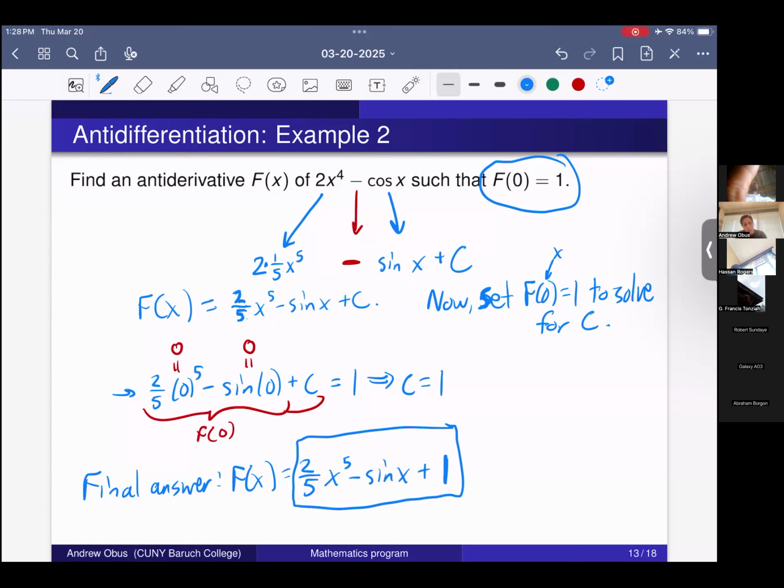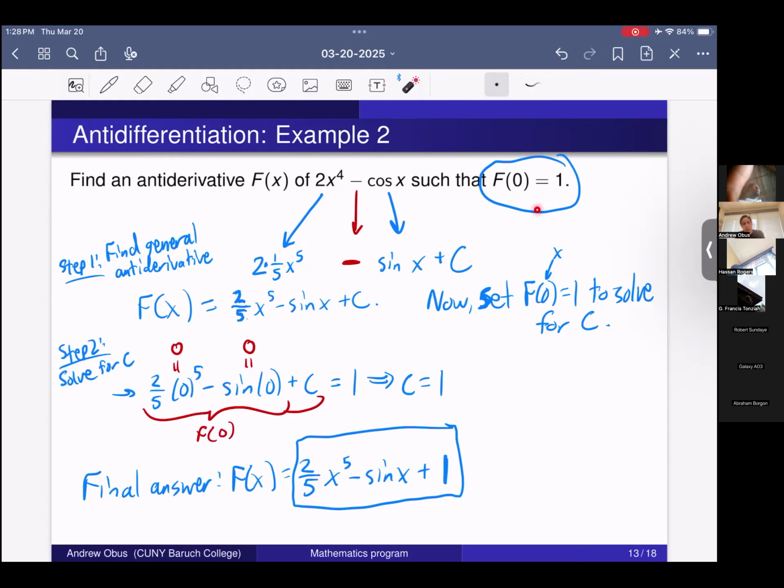Okay, so maybe if I do it in steps, step 1 is to find the general antiderivative. Then step 2 is solve for C. You're given some condition, which is going to allow you to solve for what your actual constant C needs to be.